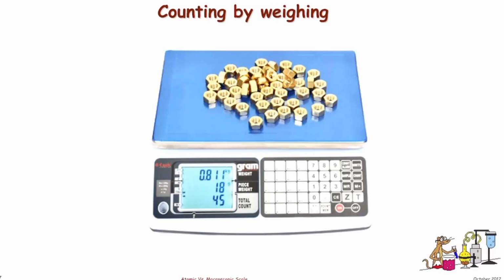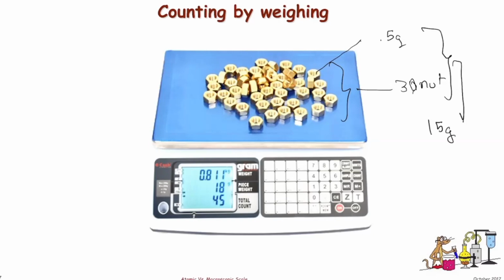If each one of these bolts weighs about 0.5 grams, and I have somewhere in the order of about 30 bolts, or nuts, I mean, then that whole thing would weigh about 15 grams. So if I had 15 grams of nuts, and each one weighs 0.5 grams, then I know I have 30.